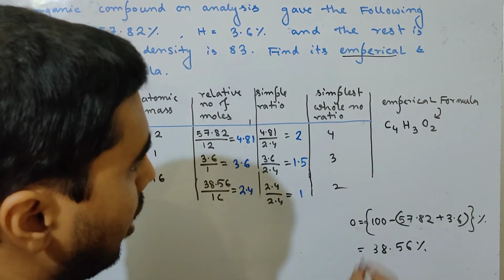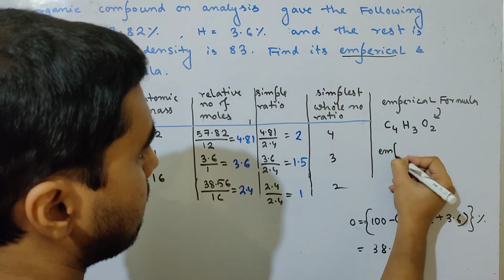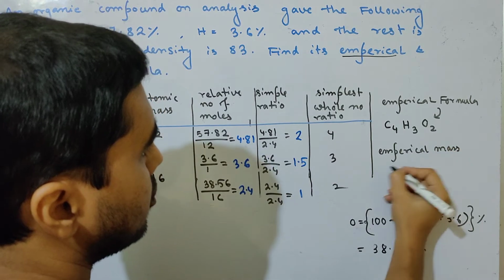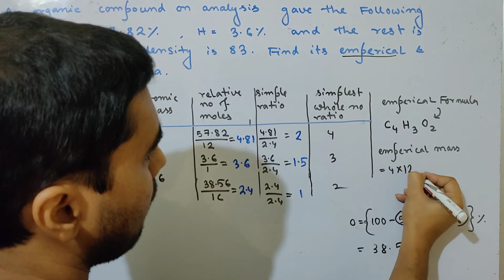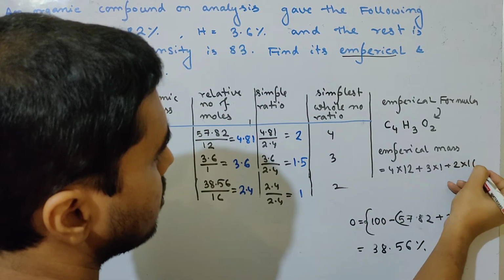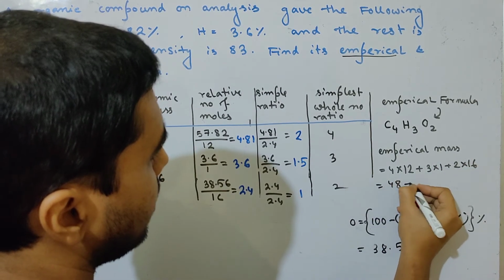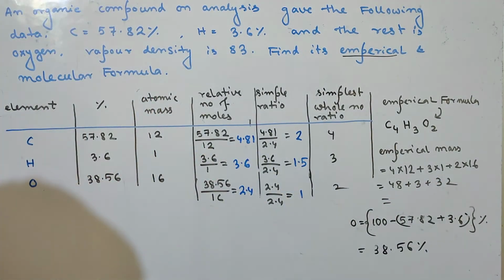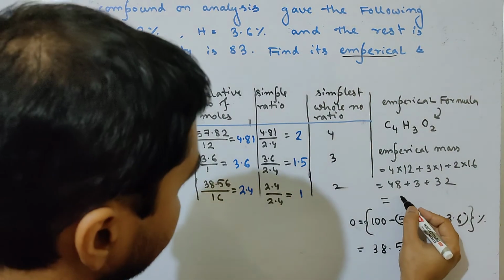So empirical mass should be 4 into 12 plus 3 into 1 plus 2 into 16, so it is 48 plus 3 plus 32. We are getting 83.